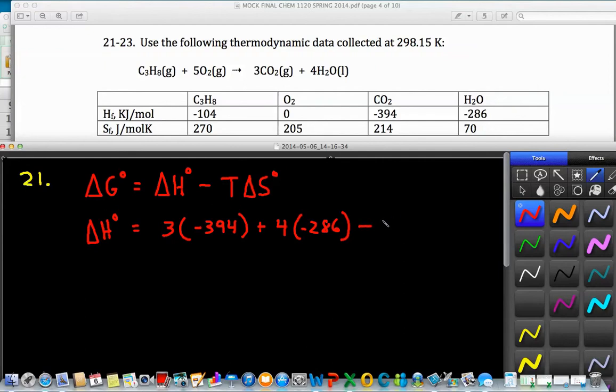minus minus 104 minus 0. So the rest of this is just estimating work.